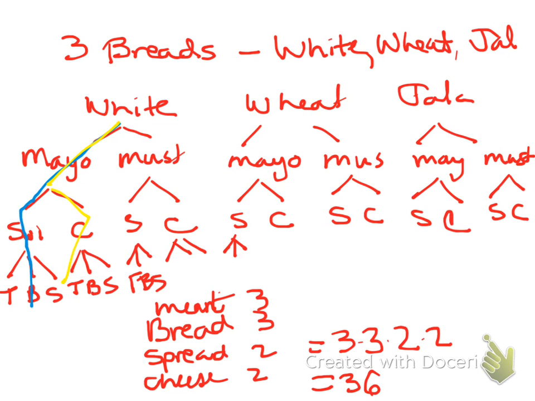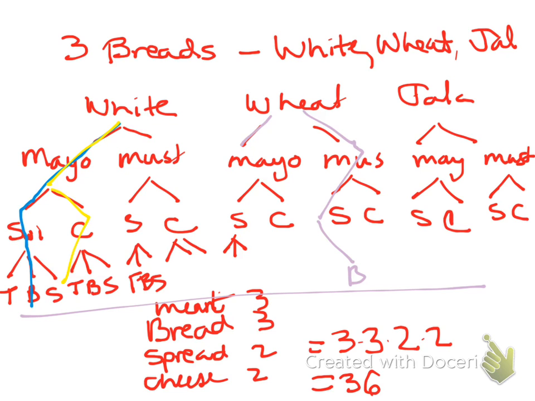So this is 36 different. Let's go wheat, mustard, and then we just keep going down to the type of meat, bologna, Swiss cheese. So when we end up down here, I'm going to end up with 36 different possibilities.